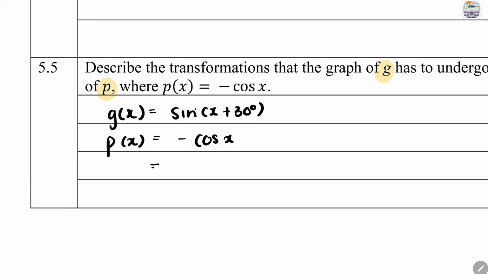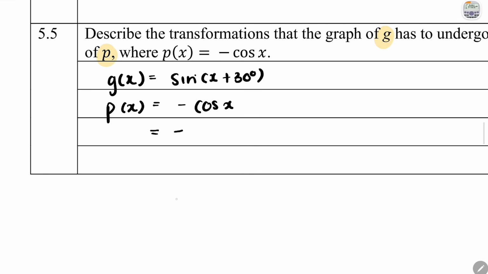So p of x can actually be changed to, we still have the negative here, but because we have cos, we're going to have to use cofunctions. Remember how sine of 90 degrees minus x is equal to cos x. So in place of cos x, we can simply say this is sine of 90 degrees minus x.